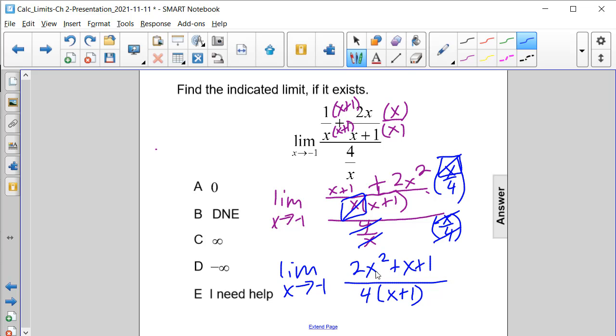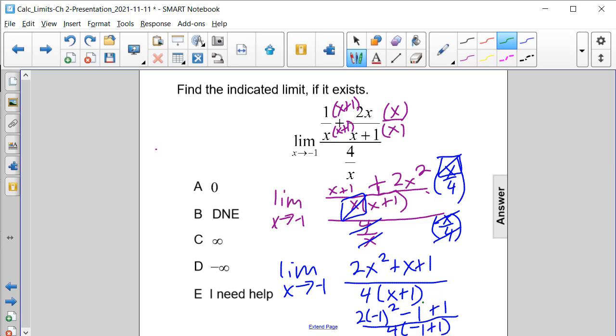Now if we use direct substitution in this expression, we will get 2 times (-1) squared minus 1 plus 1 all over 4 times (-1 plus 1).